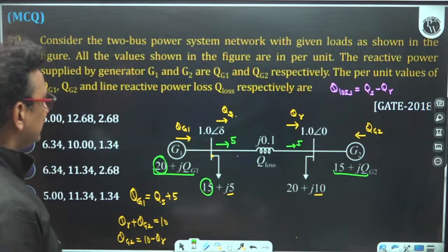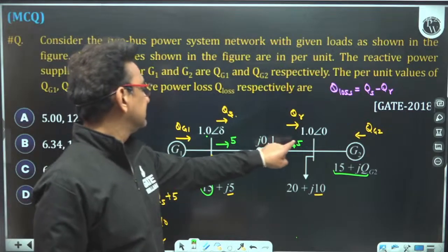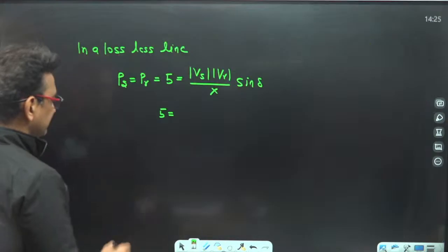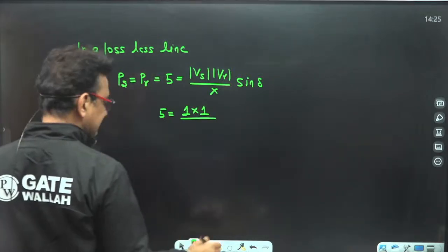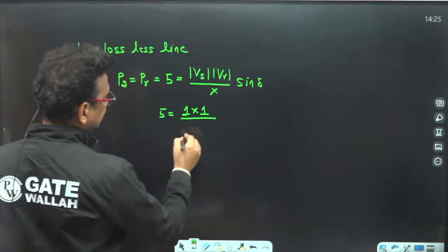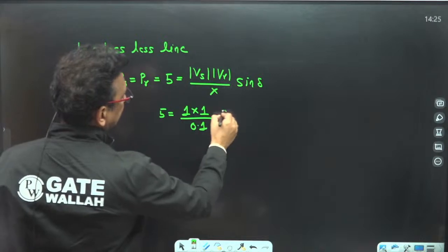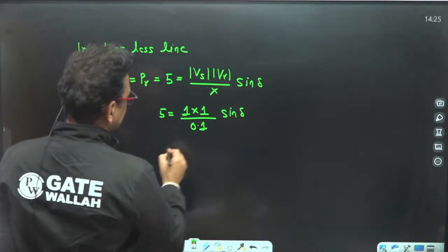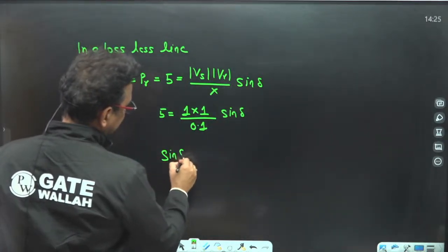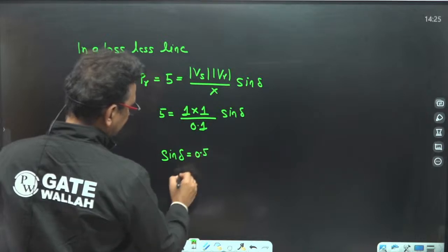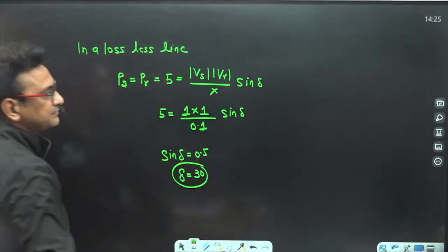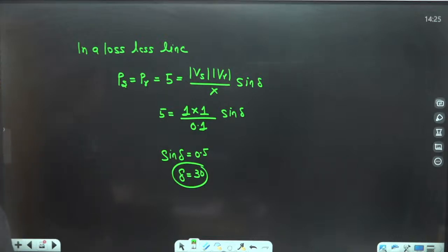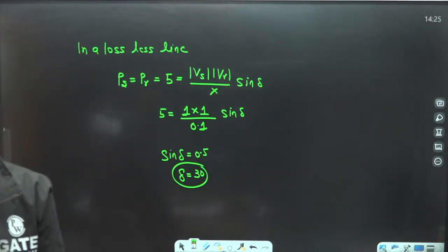The sending end voltage magnitude is 1, the receiving end voltage magnitude is also 1, and the value of reactance is 0.1, into sine delta. So sine delta is 0.5. So the value of the load angle is 30 degrees. Clear? Because we need to know the value of delta to find the value of reactive power.